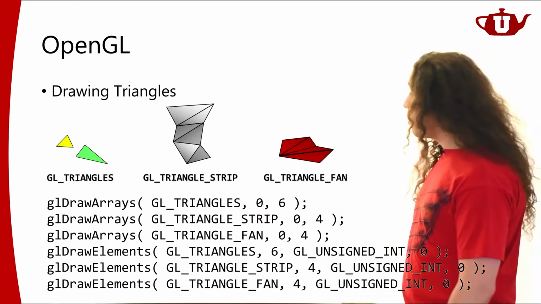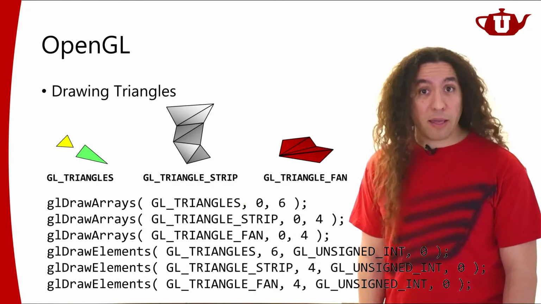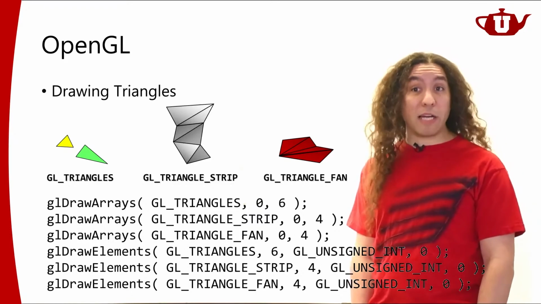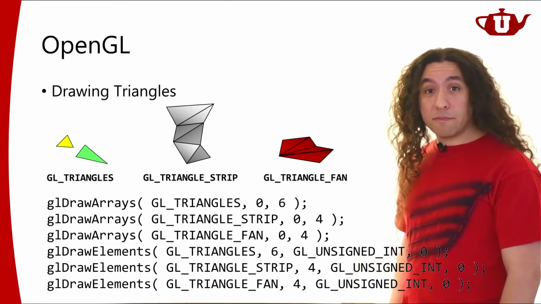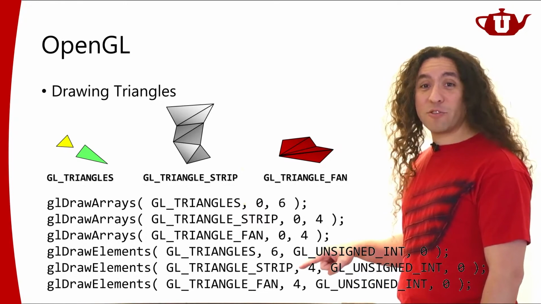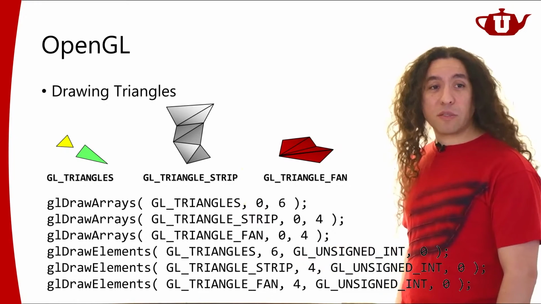So if you're wondering what is the most efficient way of rendering a bunch of triangles, rendering a triangular mesh, that would be using GL draw elements with a triangle strip. So that would be the most efficient way.